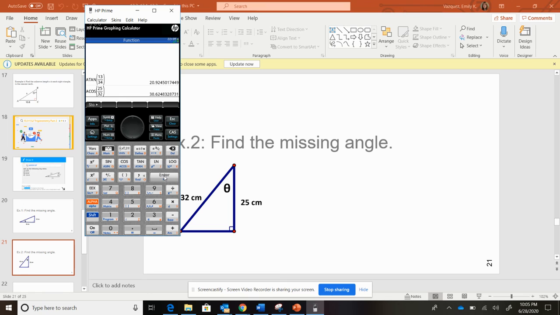I'm going to go ahead and hit enter. And again, let's pretend like this question was asking for the solution to the nearest tenth. My answer would be 38.6 degrees, making sure that I put my degree symbol on my solution because this is an angle that I'm asked to find. So 38.6 degrees is the solution for this one.